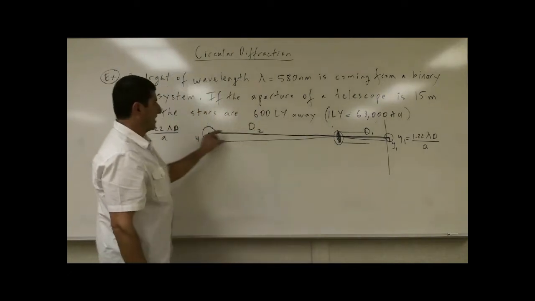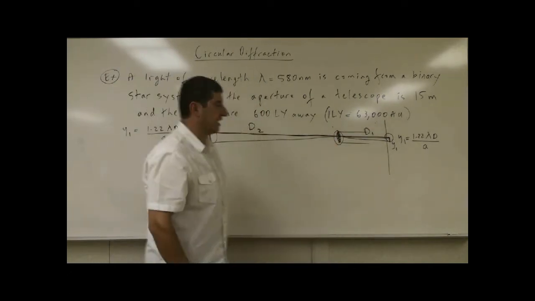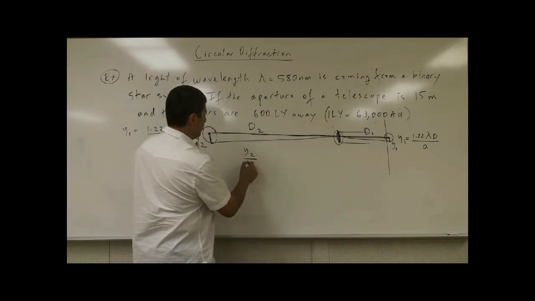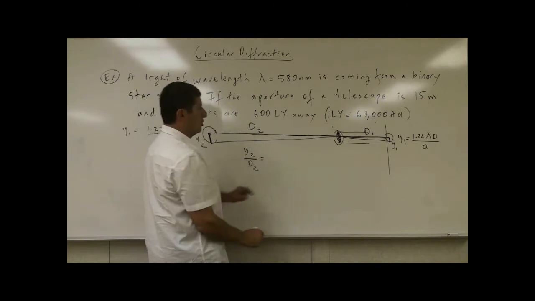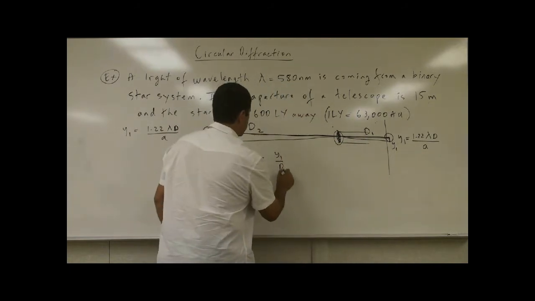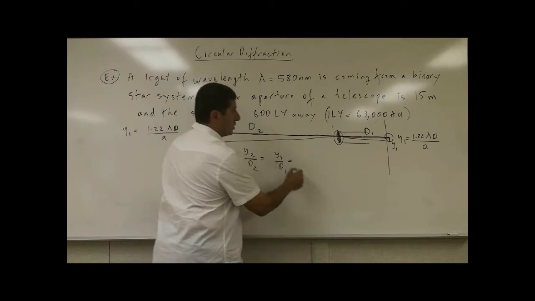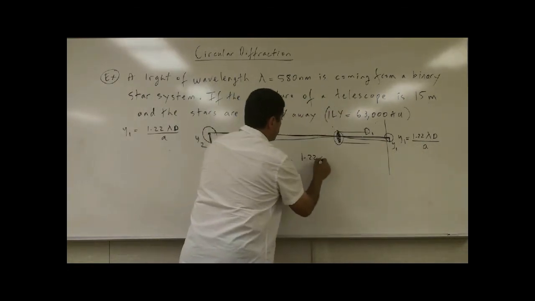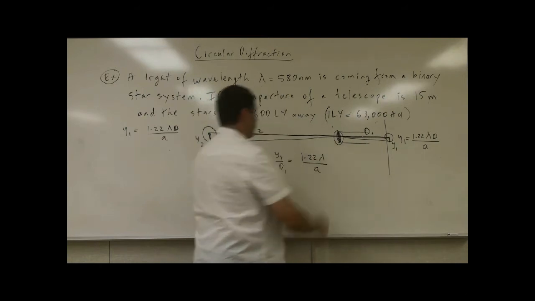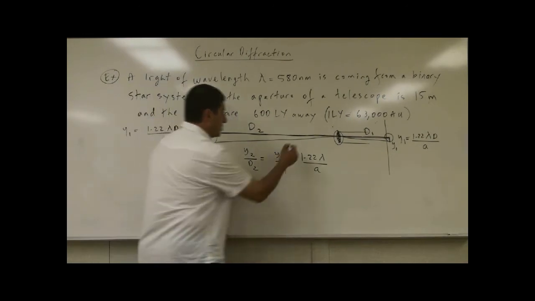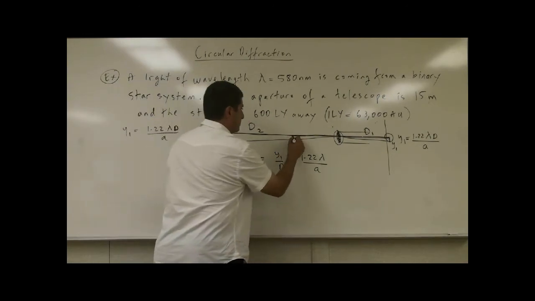By symmetry of similar triangles, we can argue y2 divided by d2 is equal to y1 over d1. Therefore, y1 divided by d would be 1.22 lambda over A, and that is equal to this angle theta.